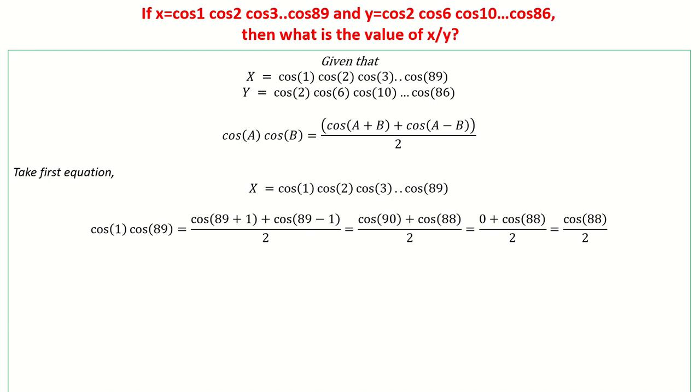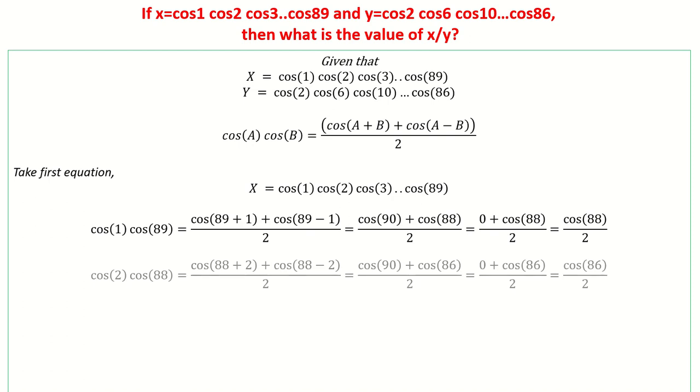So if you take cos 1 and cos 89, first and last basically, make sure that you are taking two angles whose sum is 90. Then it will become cos 88 by 2. Similarly, cos 2 and cos 88 will become cos 86 by 2. So we will do this 44 times because there are 89 numbers, so you need two cos thetas each time.